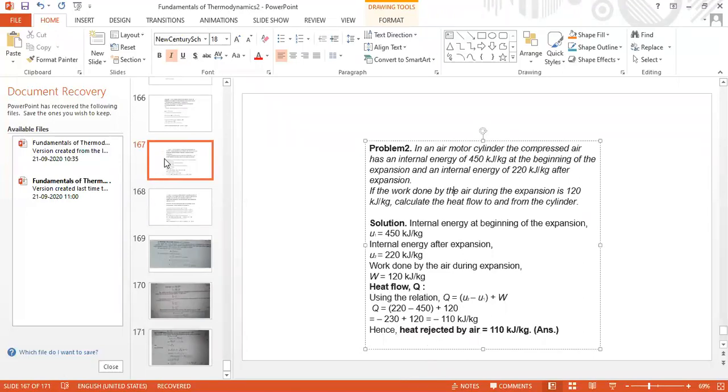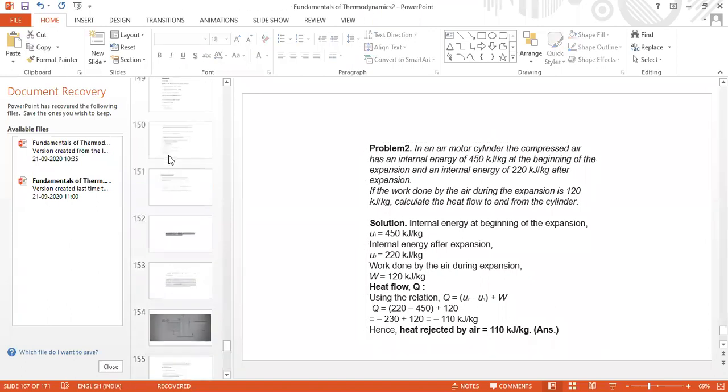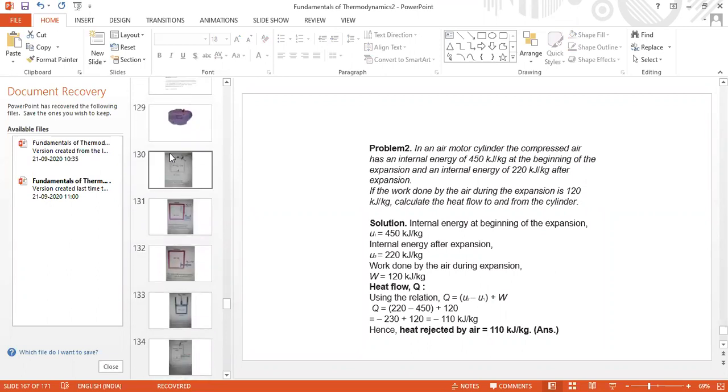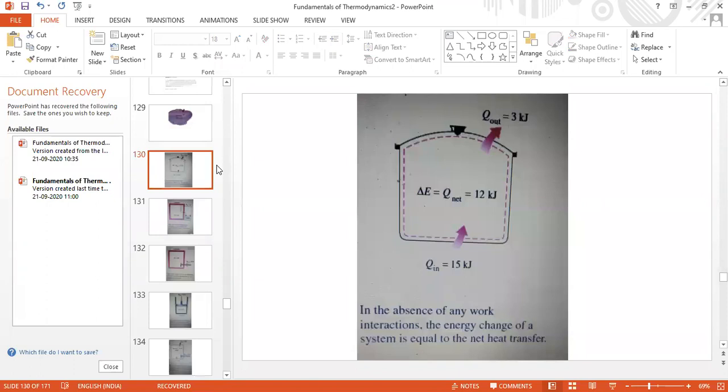So remember the arrow marks I told you earlier, and for work, for example, it is in reverse. See here, for example, the heat that is entering is positive. Heat that is rejected by a system is negative.